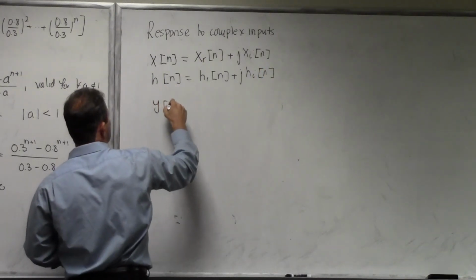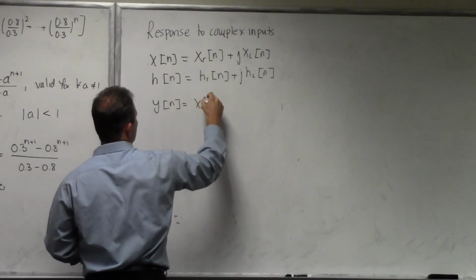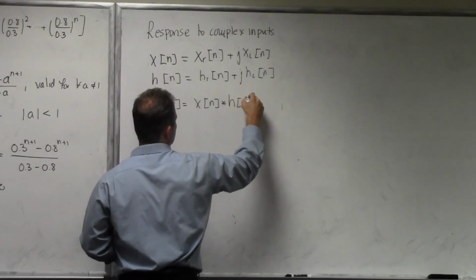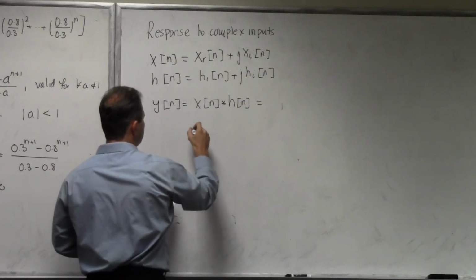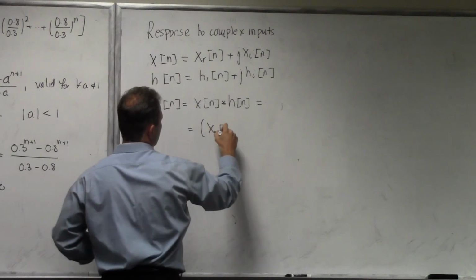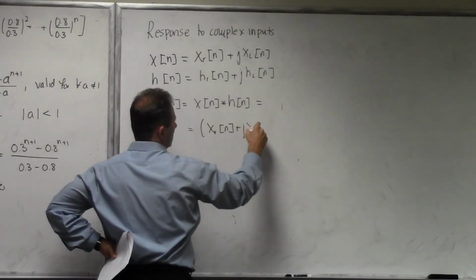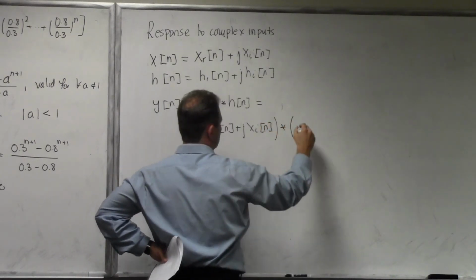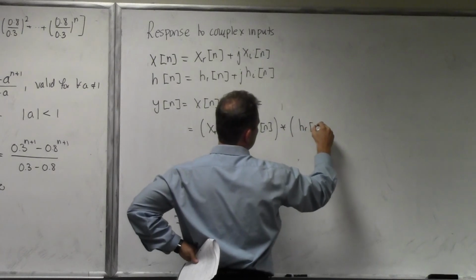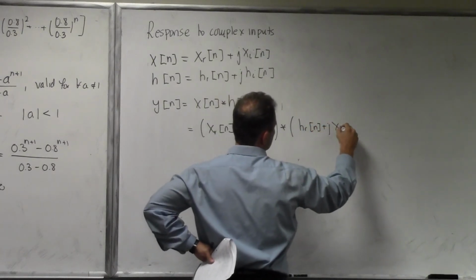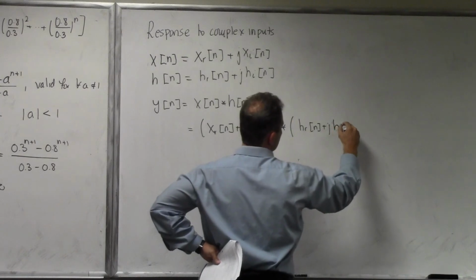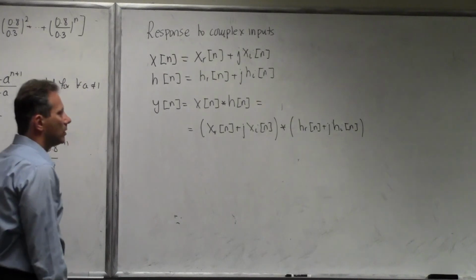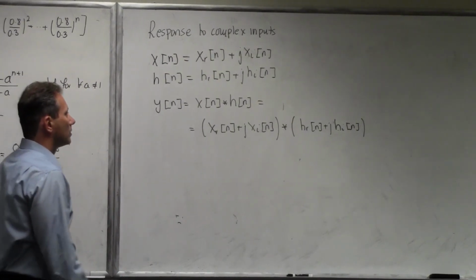Then your output sequence is going to be the convolution of your input and your impulse response, which when I substitute becomes x real of n plus j x imaginary of n, everything convolved with h real of n plus j h imaginary of n. And then you can see that instead of doing one convolution, you end up doing four of them.